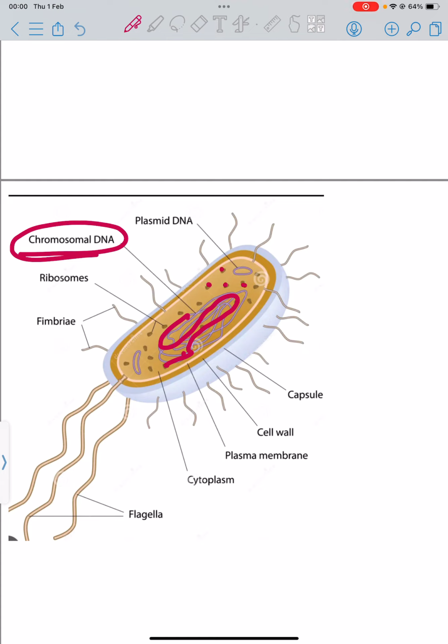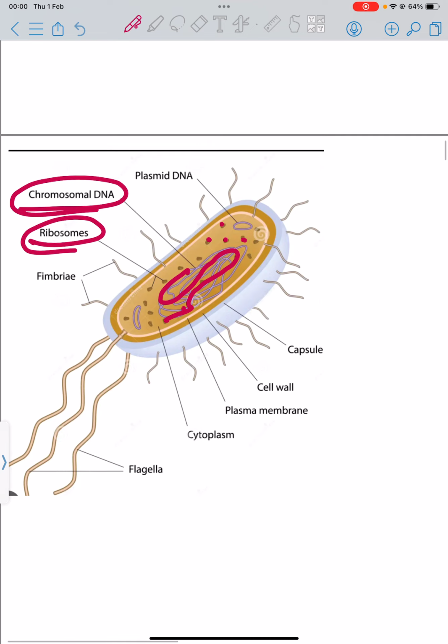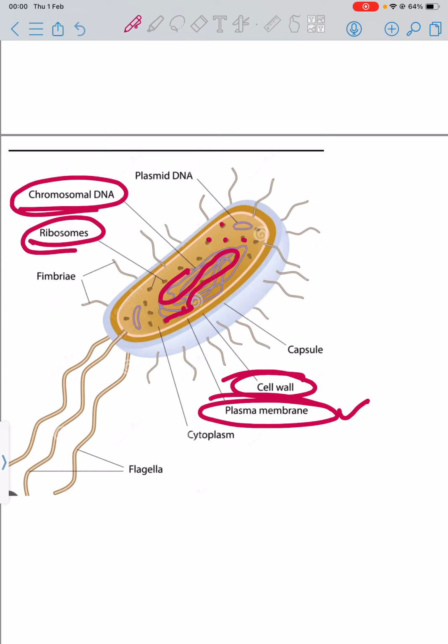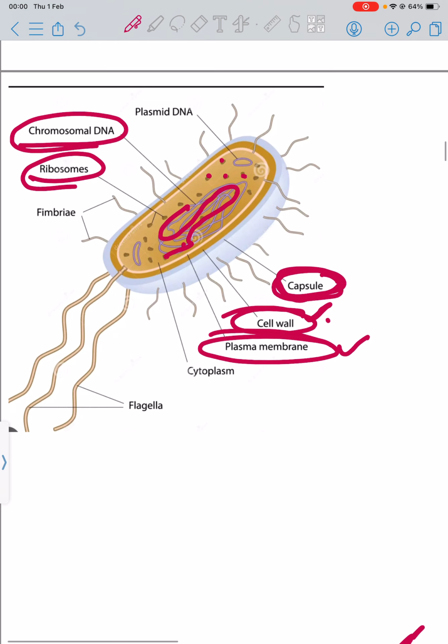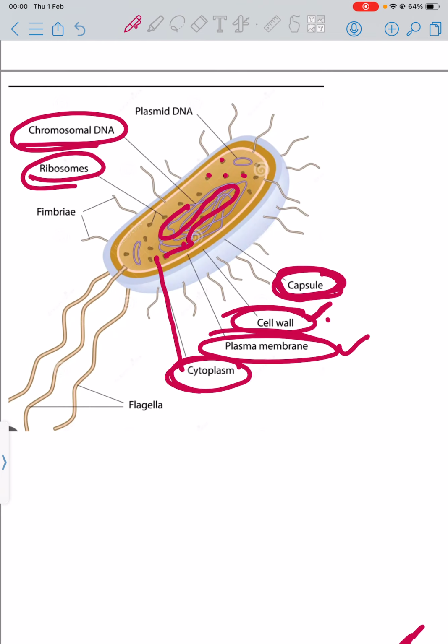This is the ribosome. Additional to that, you have the cell membrane and cell wall. This is the cell membrane, this is the cell wall, and in some cases you'll even find a capsule. We'll talk about it later. And this is the cytoplasm. If you can see, long structures are the flagella and small hair-like structures are the villi or fimbriae.